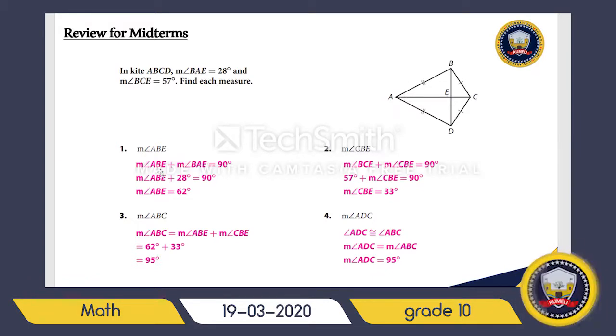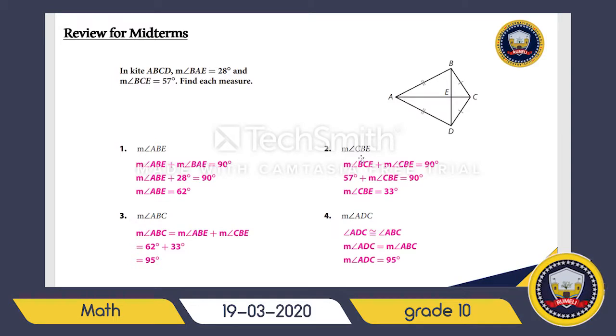So the measure of ABE plus the measure of BAE is 90. Now the measure of BAE is given here as 28. So I'm going to solve for the measure of ABE, which is 90 minus 28, that is 62.